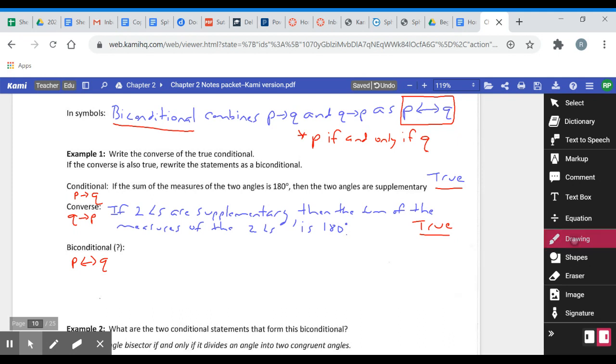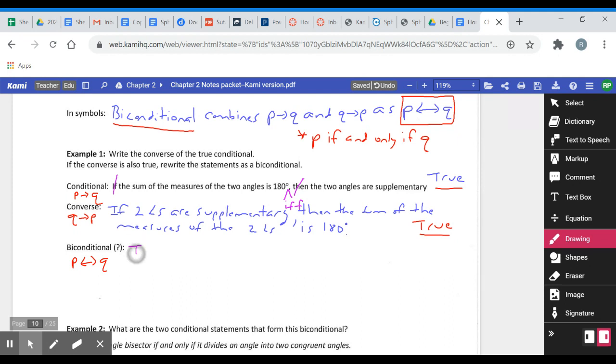So if I show you in purple what we're doing, we are technically going to take this if out. We're technically going to take this then out. And we're technically going to, right in the middle here, write the words if and only if. Here, I'll put our little abbreviation. Okay, so that's all we're doing. So I just need to get it written out.